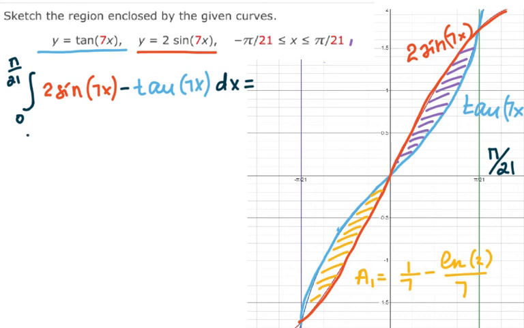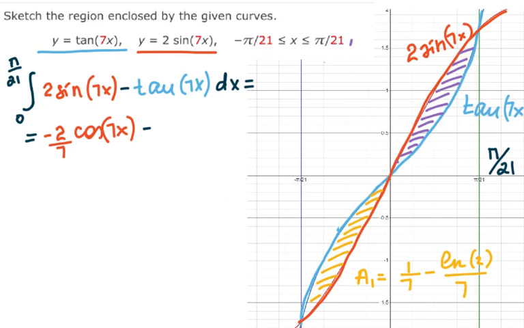Now, if I take the integral of the red function, it's going to be negative. I have 2, and then I will have cosine of 7x. But if you take the derivative of this function, you will not get 2 sine of 7x. You would get 2 sine of 7x if you had a 7 underneath of 2. And then you have minus.